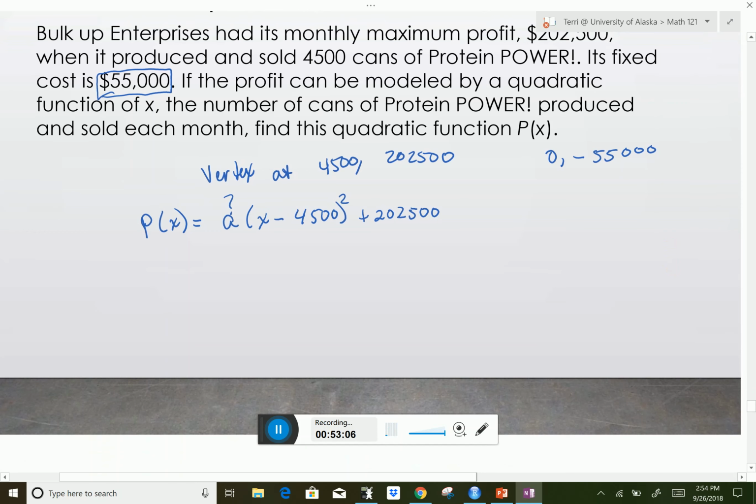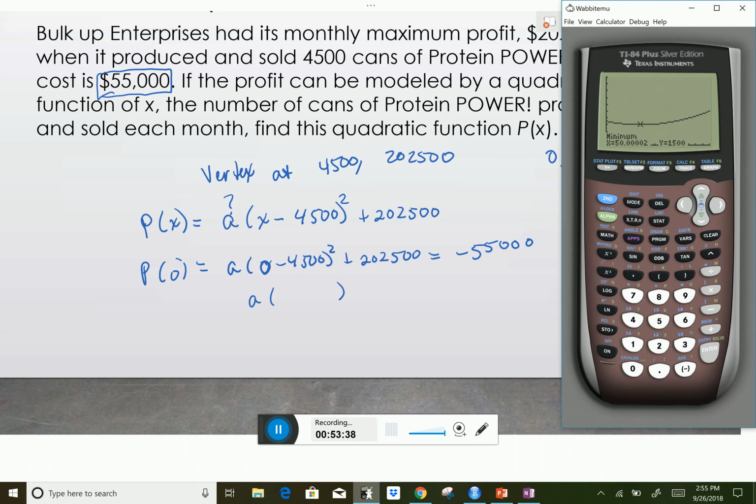So what we know is that P of 0 equals a times x minus 4,500 squared plus 202,500. Oh, that's 0, sorry. It should be 0. Equals negative 55,000. So what we have here is a times, what's negative 4,500? Let's figure that out.